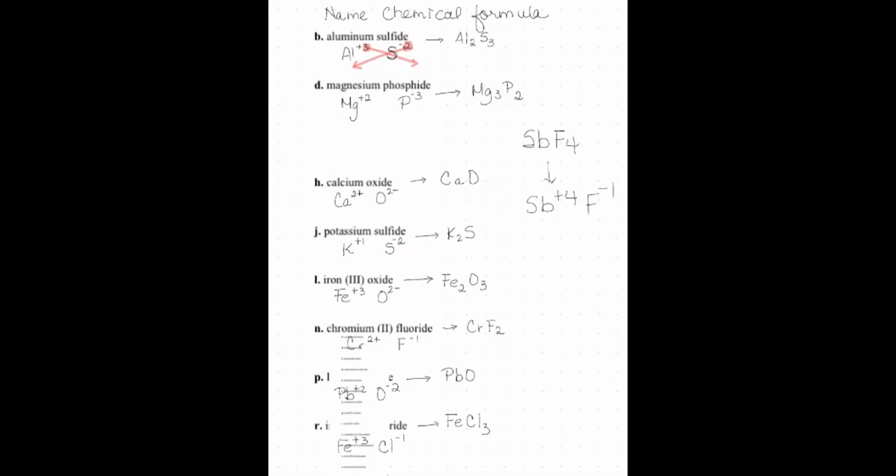Because fluorine has its correct assigned charge, then the name of this is going to be antimony (IV) fluoride.